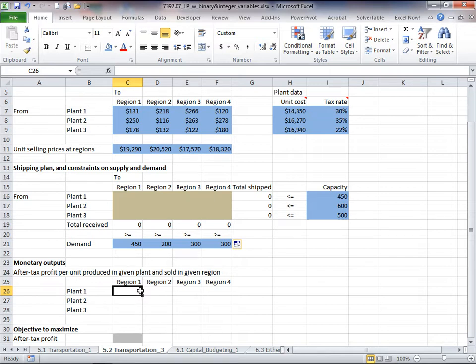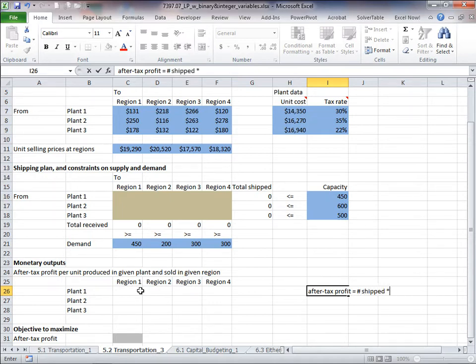So let's do ourselves a favor out here. Let's say after-tax profit equals the number shipped times the margin. All right, you agree with that so far? Times 1 minus tax rate, right?